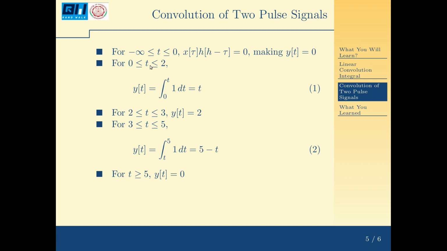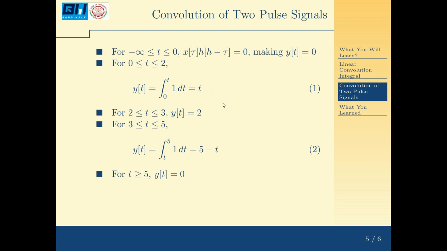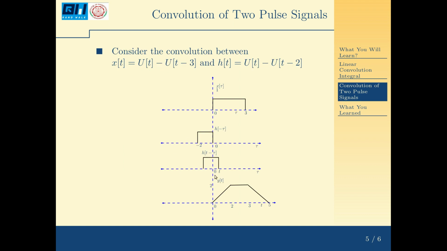For 0 less than t less than 2, as this pulse enters into this, the convolution should increase, because it is the integral from 0 to t of 1 times 1 dt. So that is t. So this happens from 0 to 2. This is the curve y equal to t, a straight line with a 45 degree slope. So this will be reaching 2.